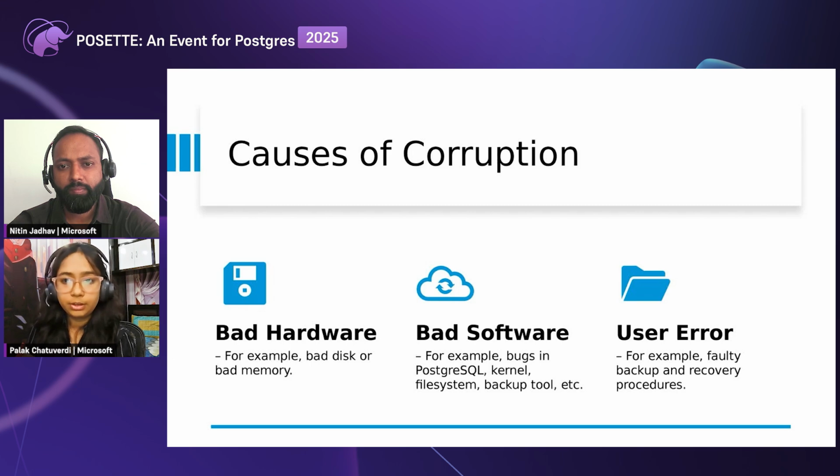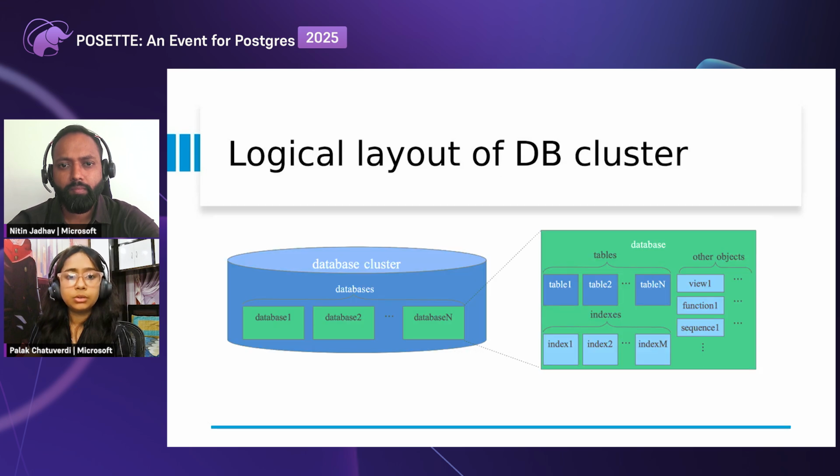If you think a file is not needed and you delete it, like sometimes pg_wal folders reach up to 100 GB, and thinking that it is taking space in your system you just delete it, it can cause corruptions.